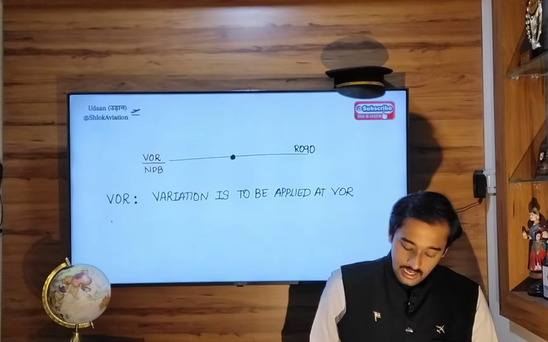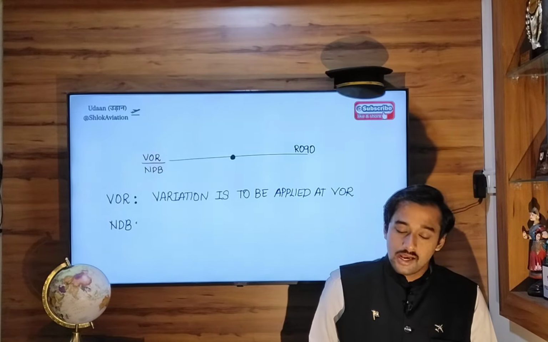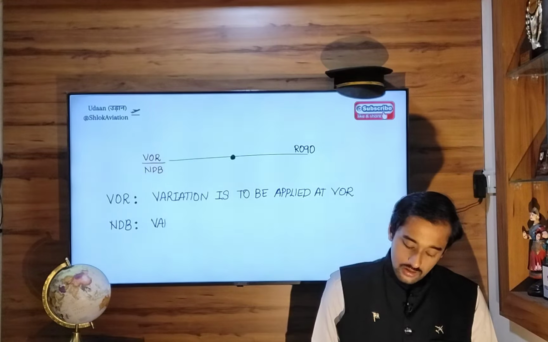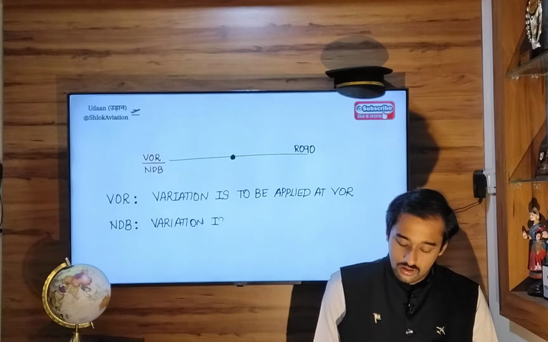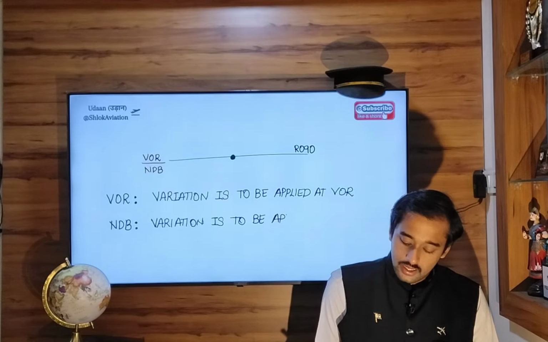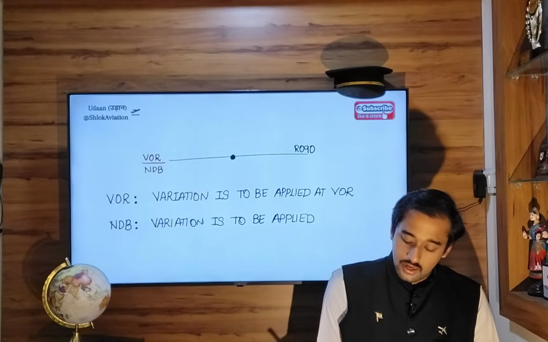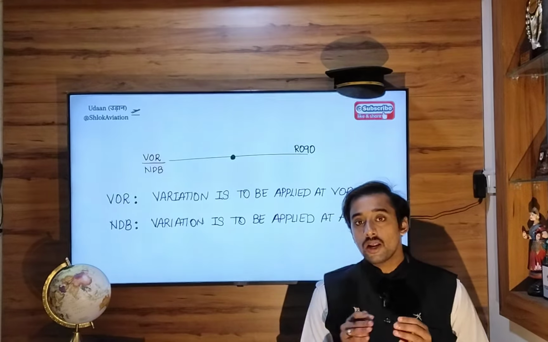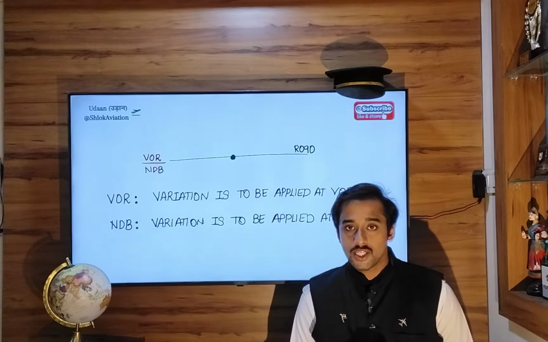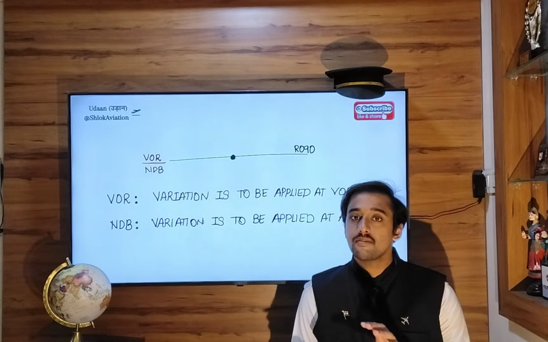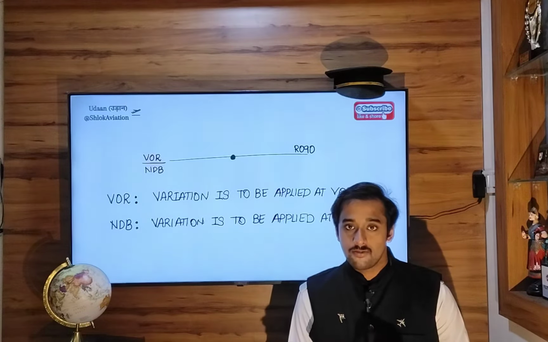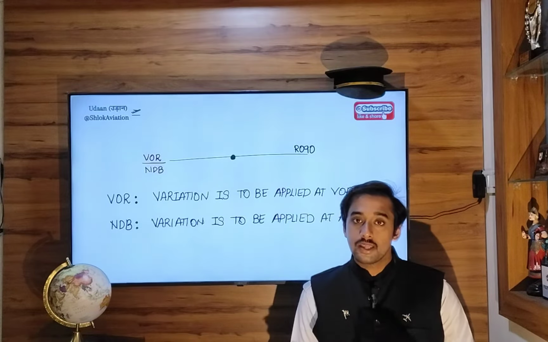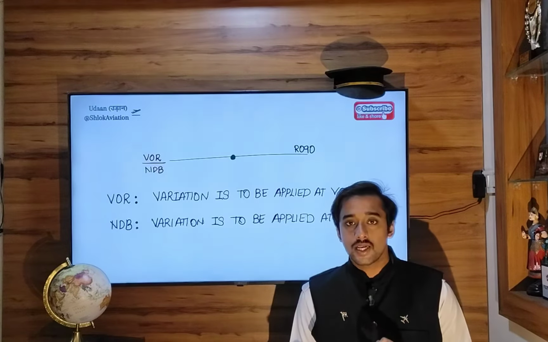In case of NDB, variation is to be applied at aircraft. Why? Because all radials originate from a VOR station, so directions are determined at the VOR station itself. But in case of NDB, NDB sends an omnidirectional signal.